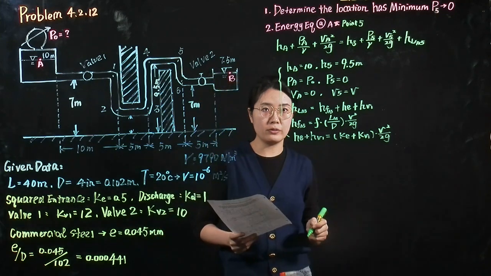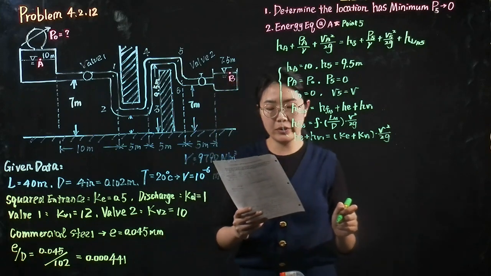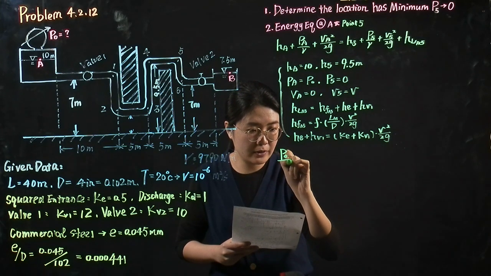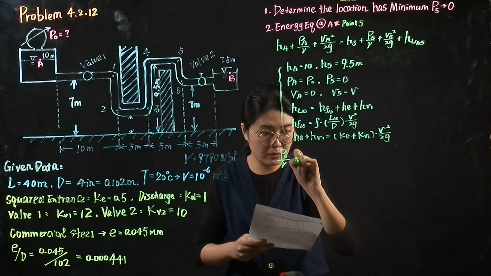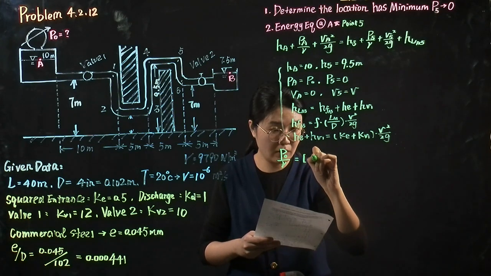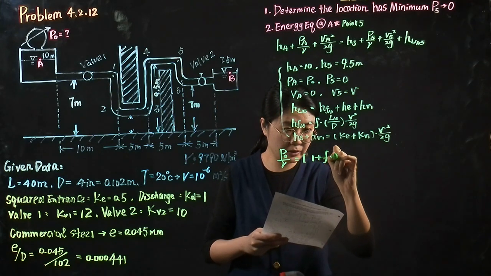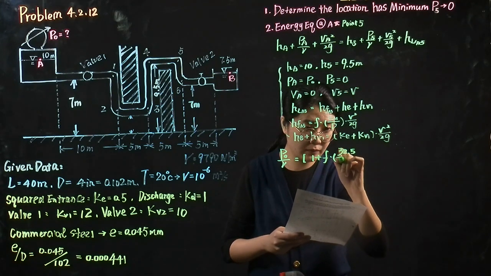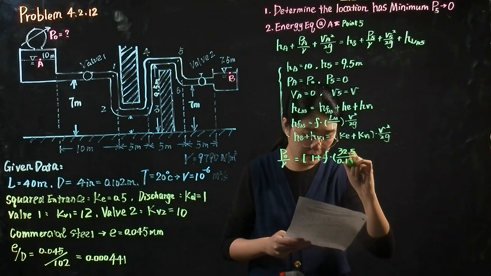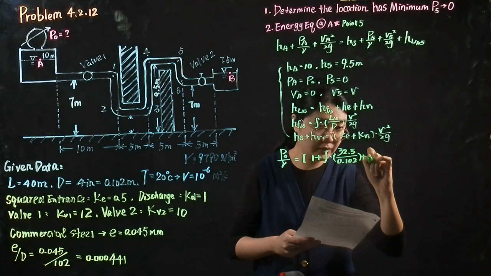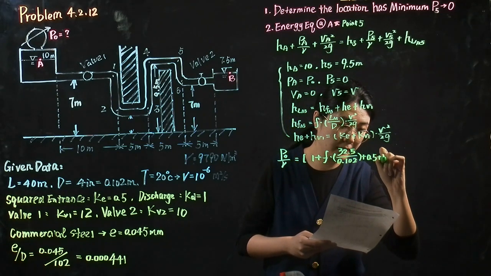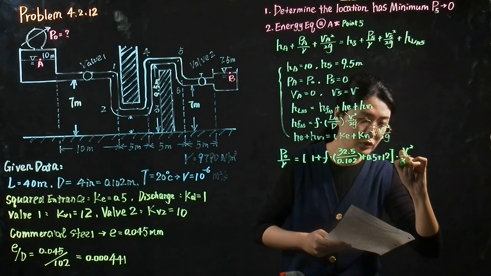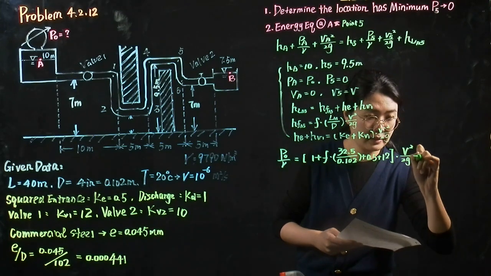If we substitute these parameters back into the energy equation, then we can get P sub 0 equals 1 plus friction factor times 32.5 over 0.102 plus 0.5 plus 12, times velocity squared over 2g, minus 0.5.